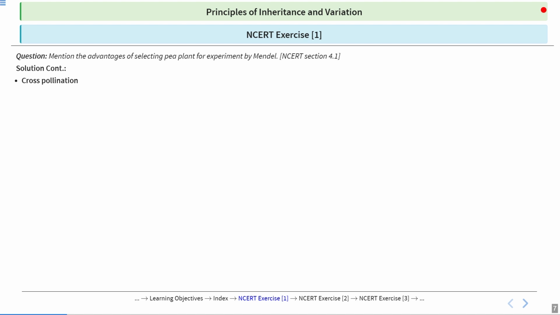Now, in pea plants, cross-pollination can be easily achieved by emasculation. So Mendel selected two parents initially. Clear? Both the parents carry bisexual flowers. Now what did Mendel do? Mendel emasculated one of the flowers. Emasculation means removal of the anthers.